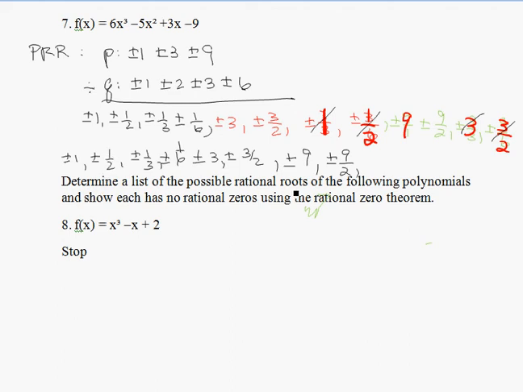Determine the list of the rational roots and show that it has no rational roots using the rational root theorem. So let me erase that and then we'll go on. So first thing I want to do is find the list of the possible rational roots.